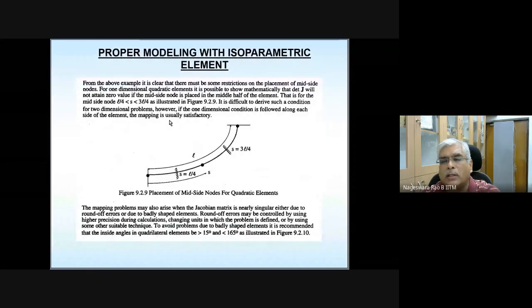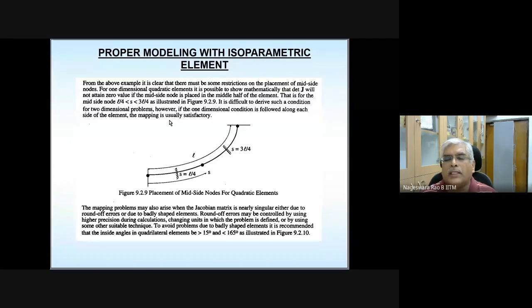We'll see the implication of these two conditions in the next class. For a 3-node 1-dimensional element, what you learned was that the mid-side node should not be close to the extreme nodes, by quarter of the element length.